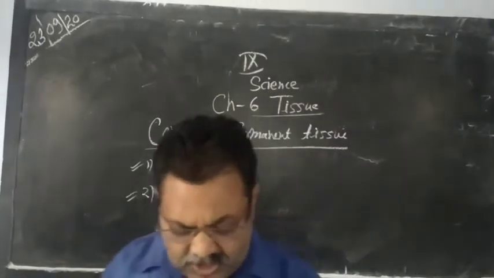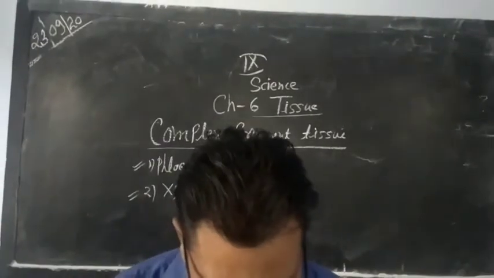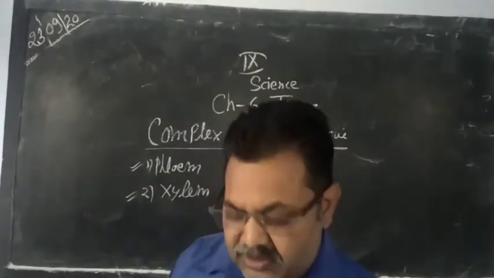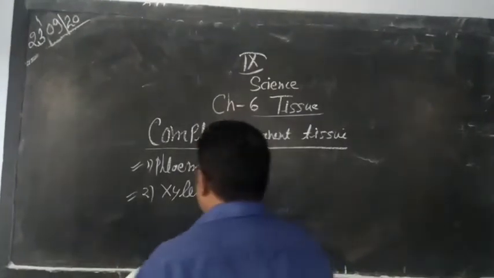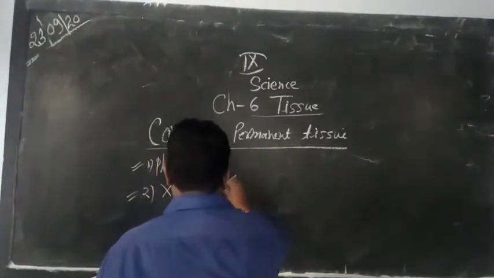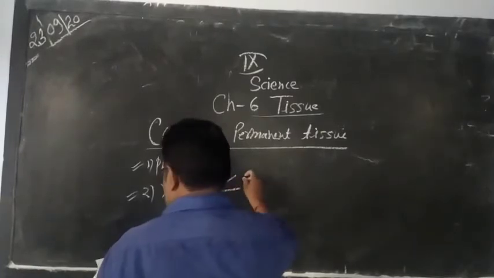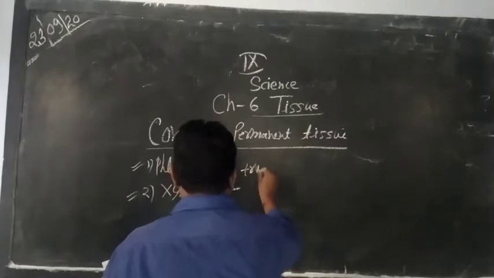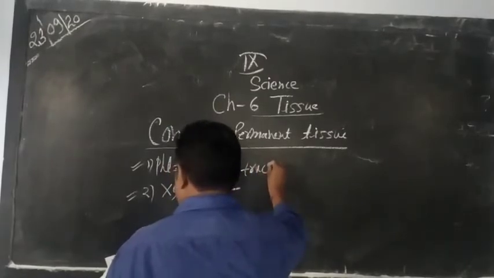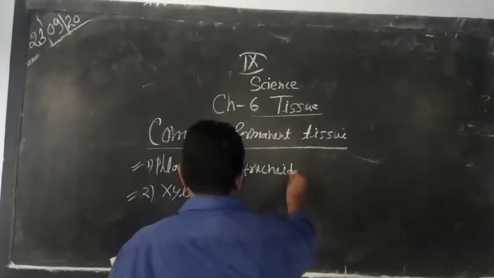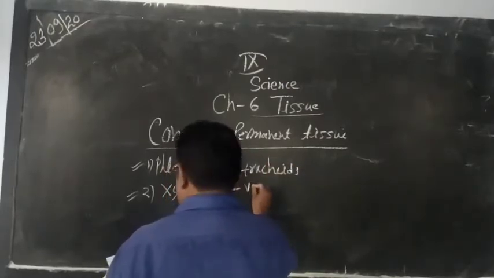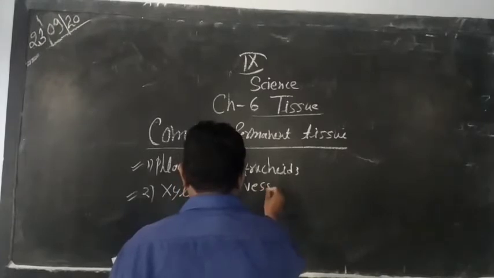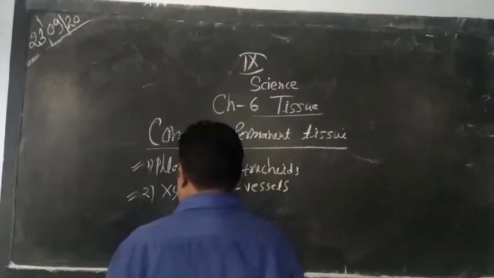Now, the structure of these tissues. First of all, xylem consists of following cells. First one is tracheids. Second one is vessels.